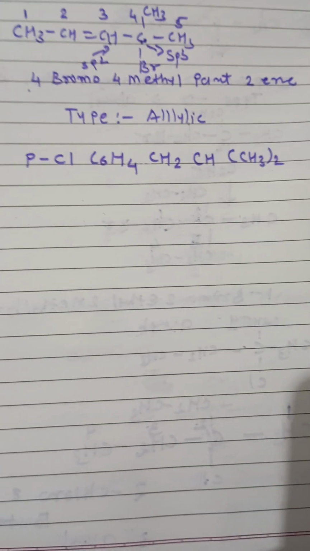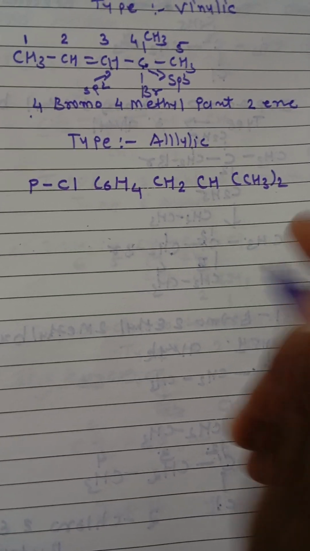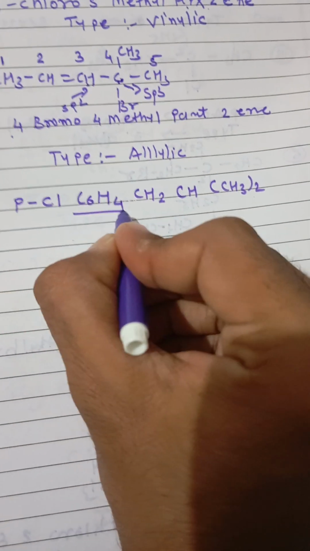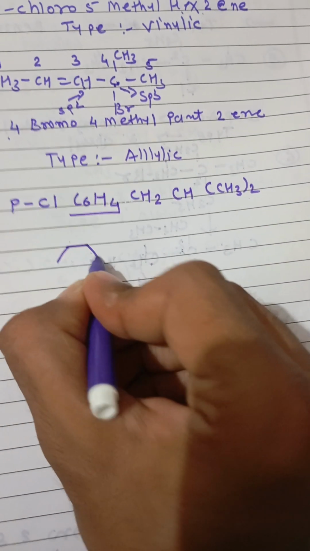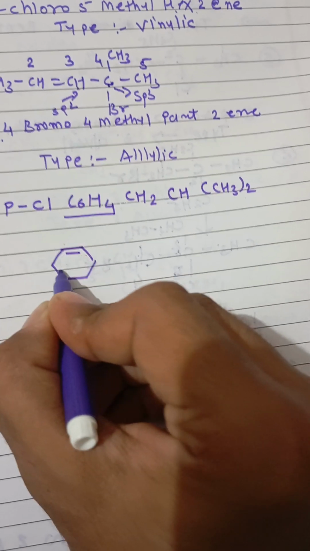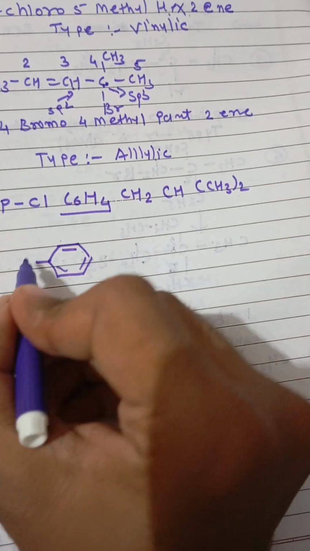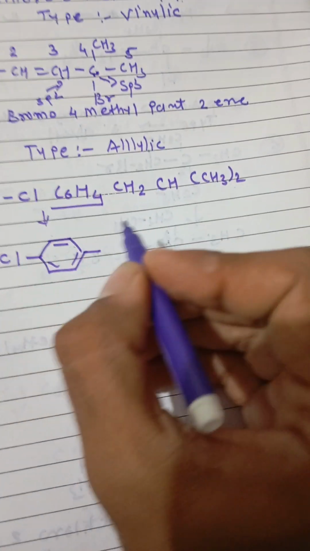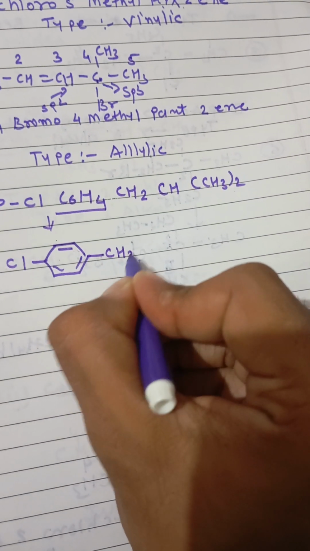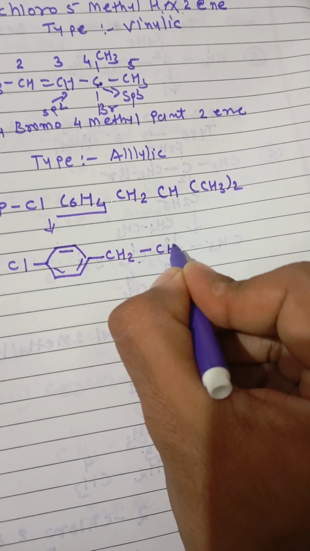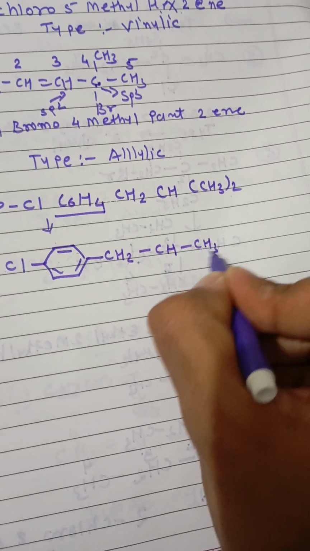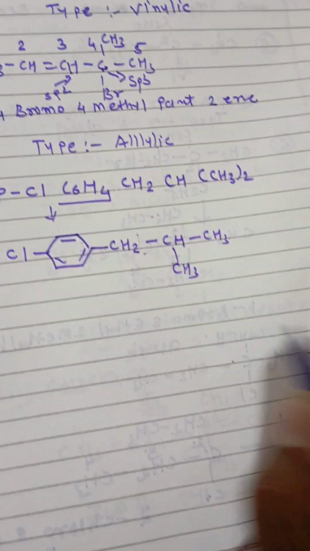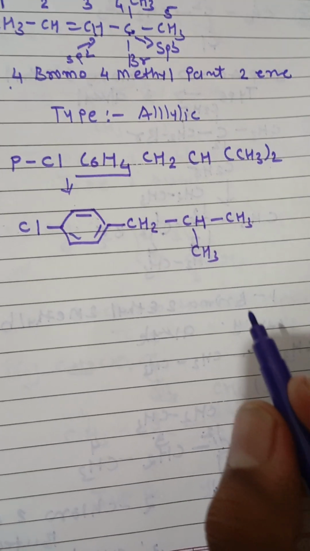So how do we draw this structure? C6H4 means there is a benzene ring. In the para position of benzene, the chlorine is attached. First we simplify the structure: here a CH2 group, here CH, and here CH3, and here CH3. This is the structure we have.